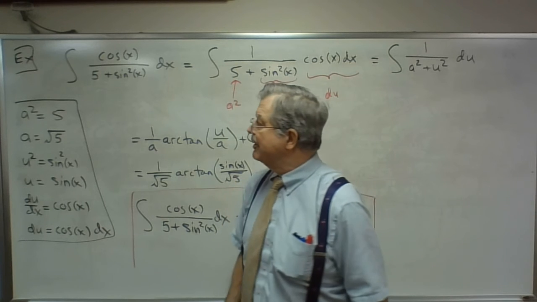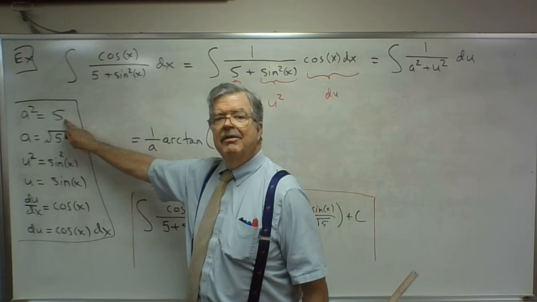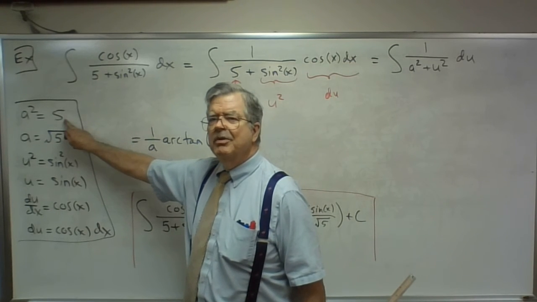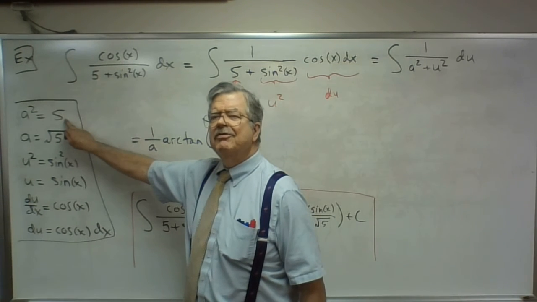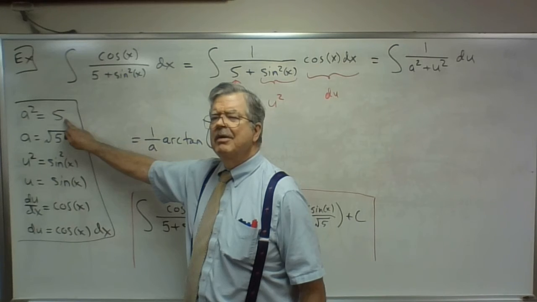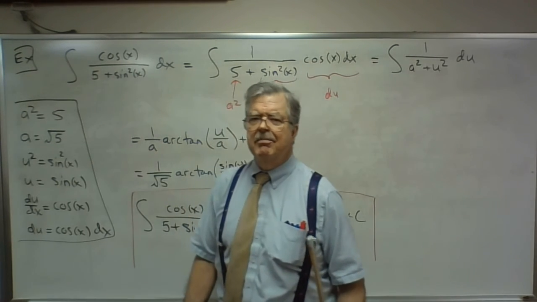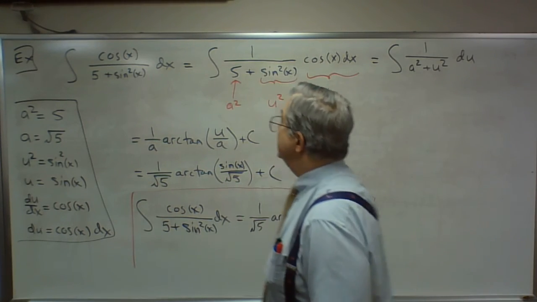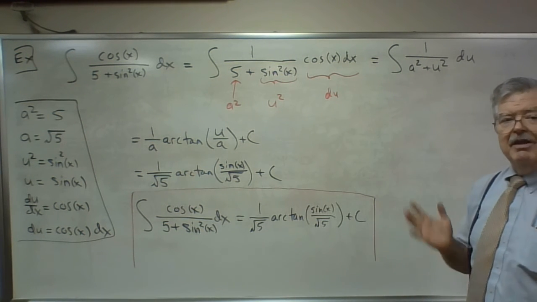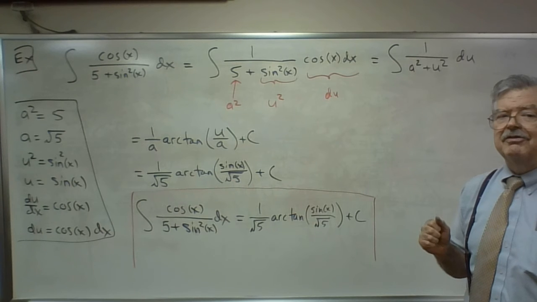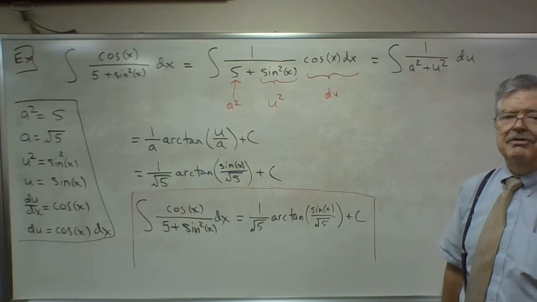That's all. So a squared doesn't have to be the square of an integer or a whole number. It just has to be a positive number. And we can still use this formula and the other formulas that give us integrals yielding inverse trig functions.